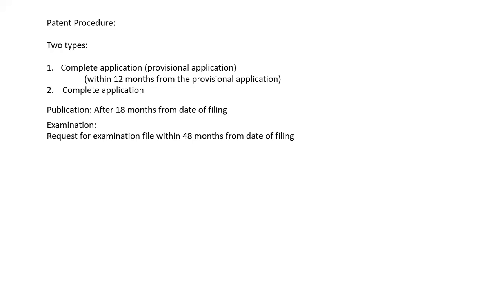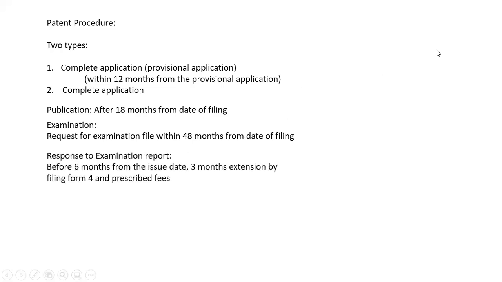Without filing an examination request, your application will not be reviewed by the patent office. There are two types of examination request, by filing Form 18 and Form 18A. Form 18 is for regular examination and 18A is for expedited examination.